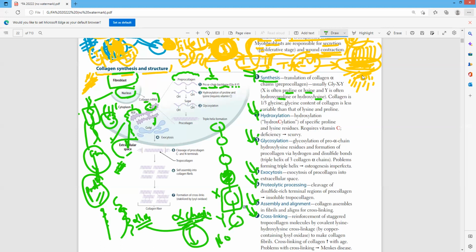So glycine-X-Y. You will see in X proline and lysine, and for Y you will see hydroxyproline or hydroxylysine. Usually you will find that.